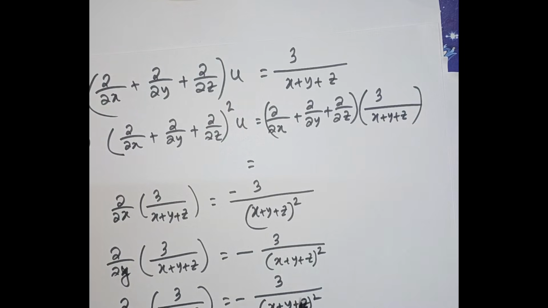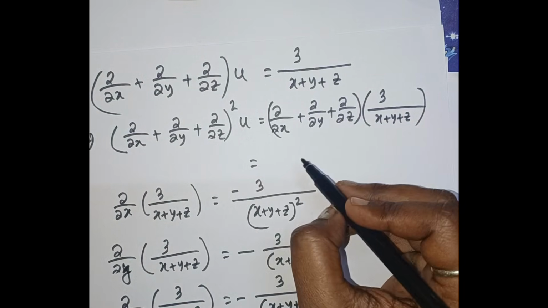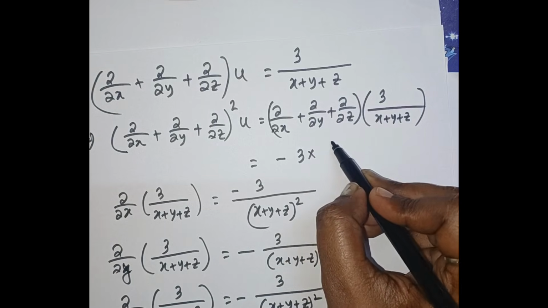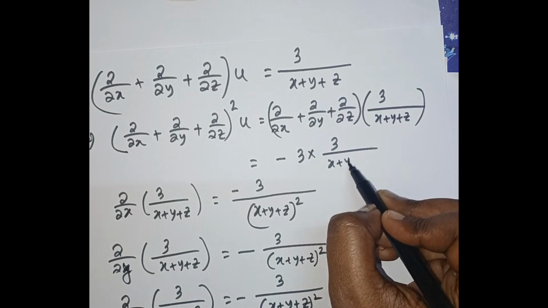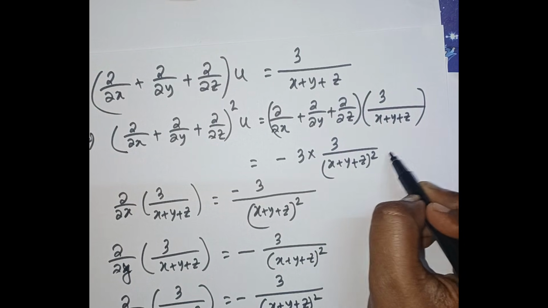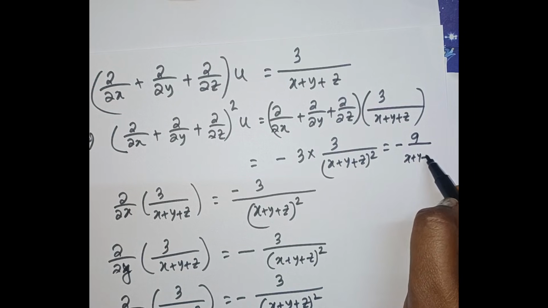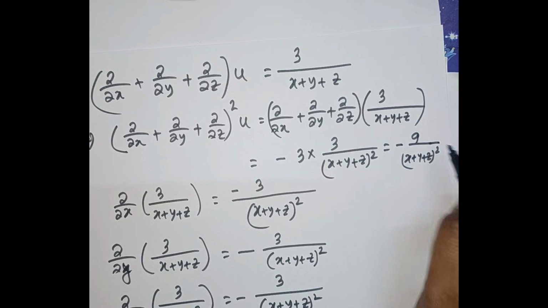So if we add all these, then in the right hand side we will get minus 3 into 3 by x plus y plus z whole square. So this is minus 9 by x plus y plus z whole square.